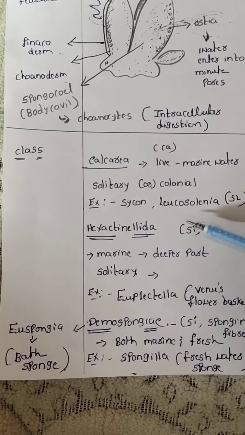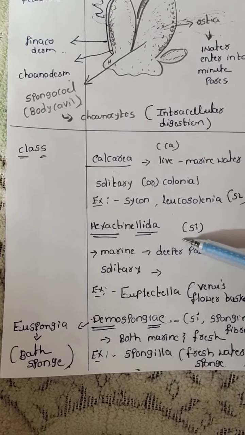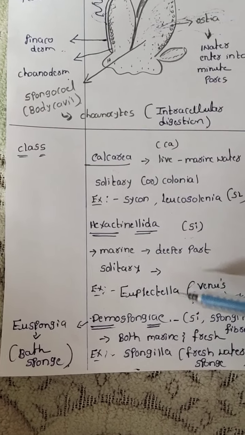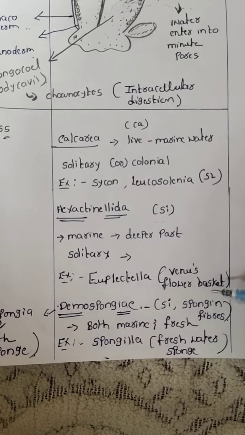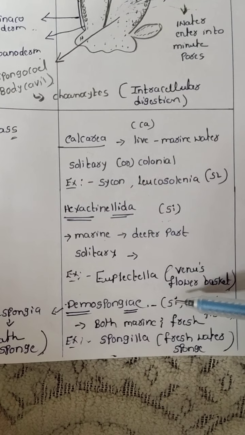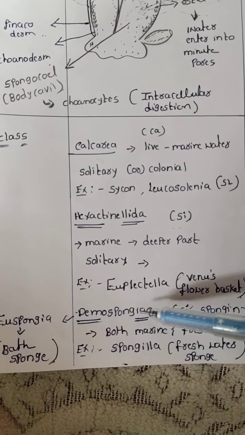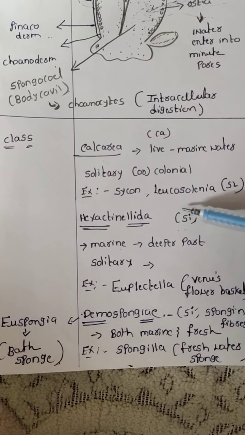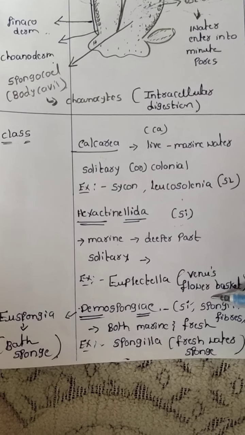When it is made up of silicon, it is under the class Hexactinellida. When it is made up of spongin fibers and also silicon, it is under the class Demospongia. This is for calcium, this for silicon, this for spongin fibers.